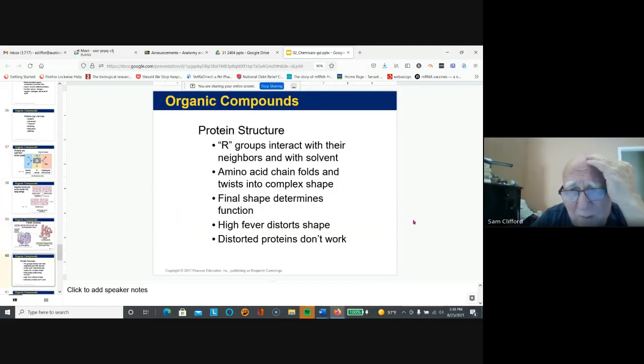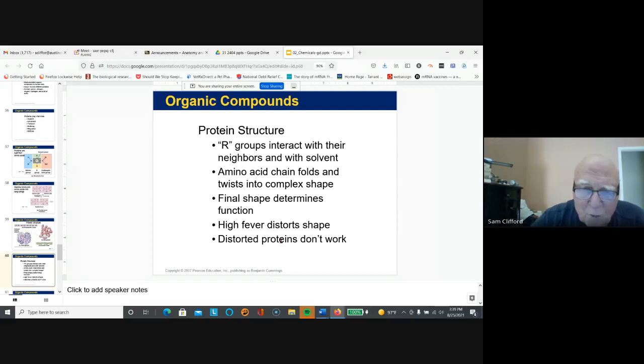So if we look at that summary again, R groups interact with their neighbors. The presence of R groups helps determine how the amino acid chain folds into a complex shape. Shape determines function. High fever distorts that shape.